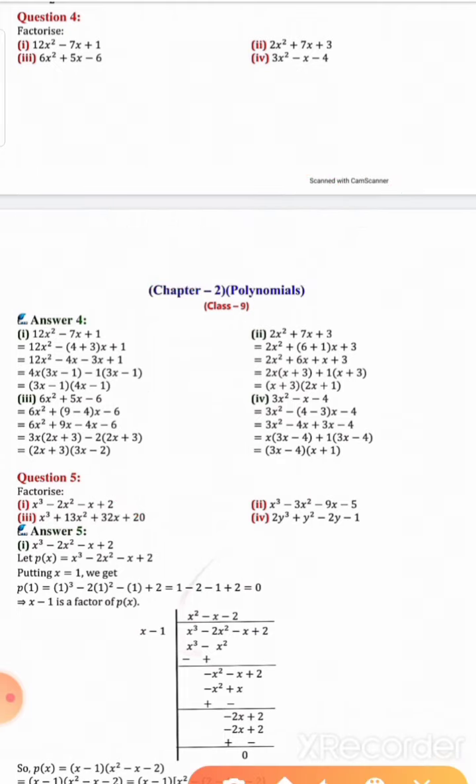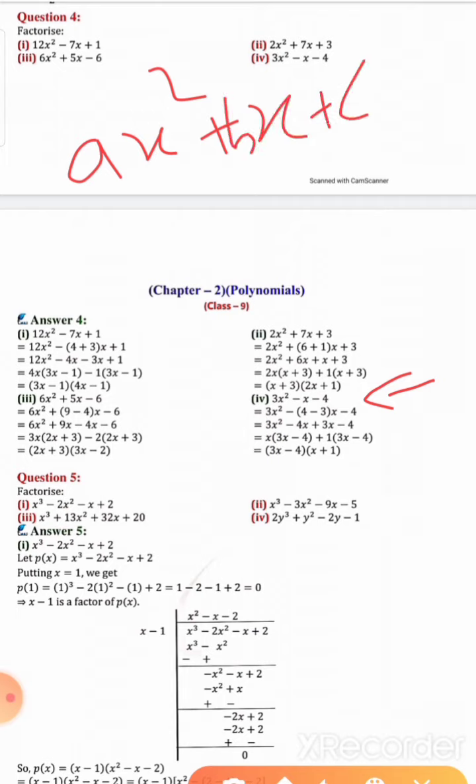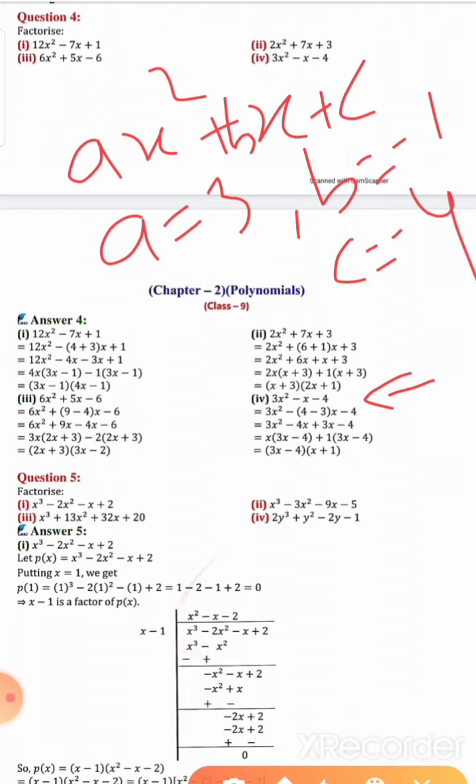Next question, question number 4. Question number 4 is factorize 3x square minus x minus 4. Again compare with the quadratic general equation ax square plus bx plus c. Comparing the terms, we get a is equal to 3, b is equal to minus 1 and c is equal to minus 4.